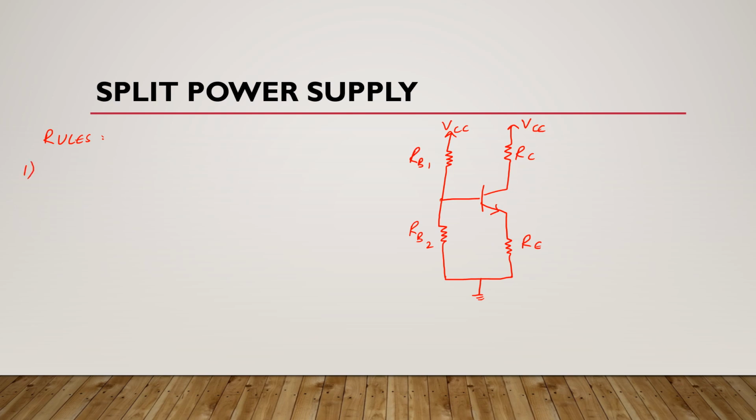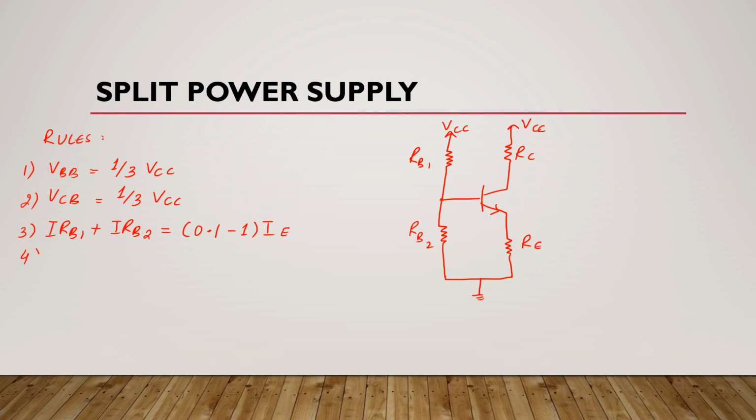Now, what are the rules of this split power supply? First rule is VBB is equal to 1/3 of VCC. VCB is equal to 1/3 of VCC. This is the second rule. Third rule is IRB1 plus IRB2 is equal to 0.1 minus 1 multiplied by IE.